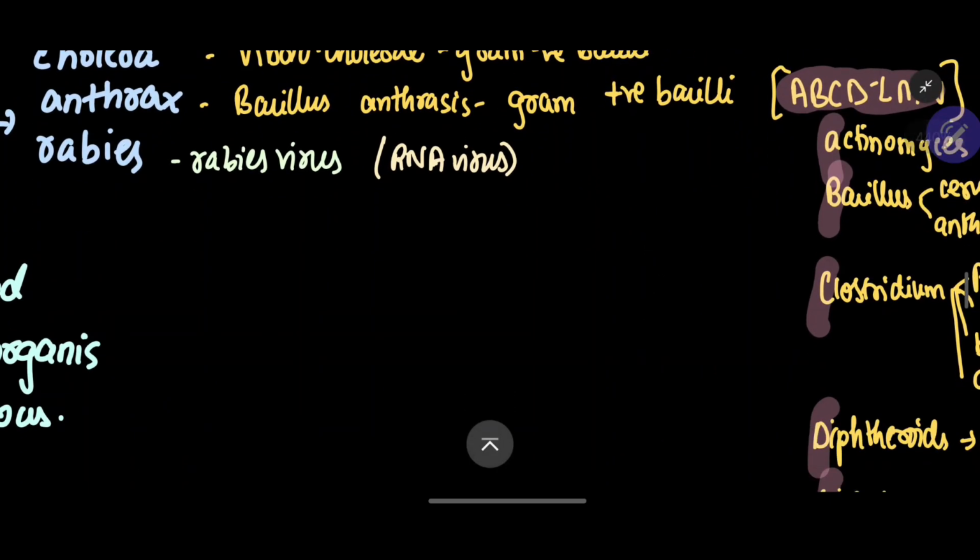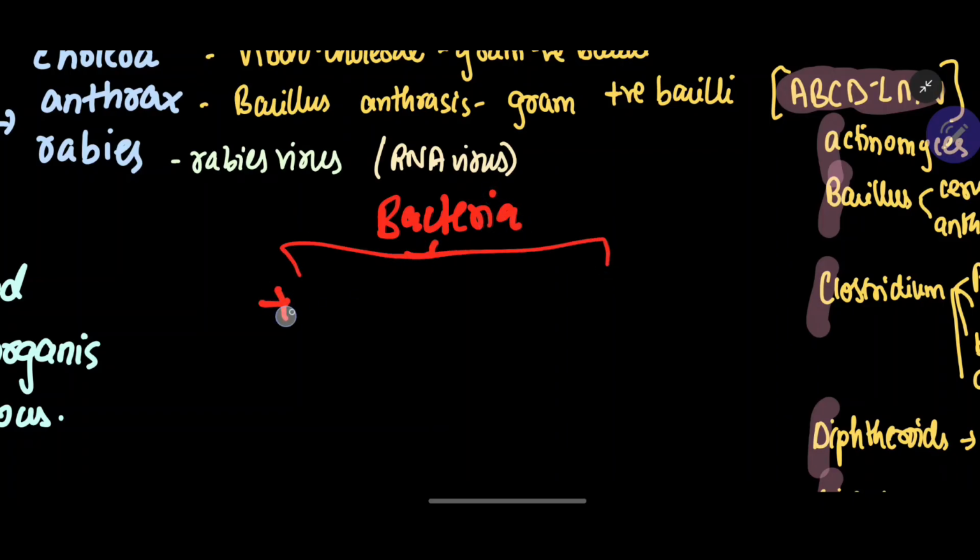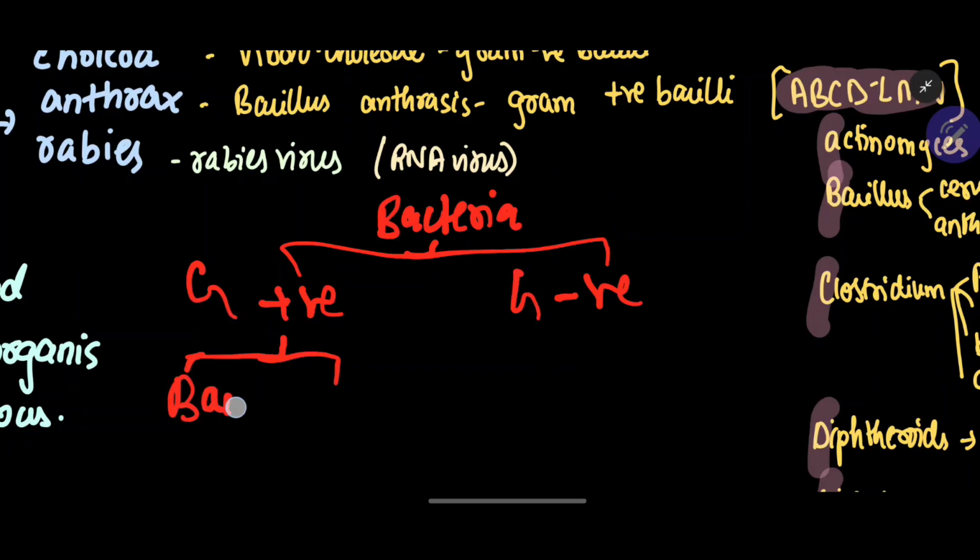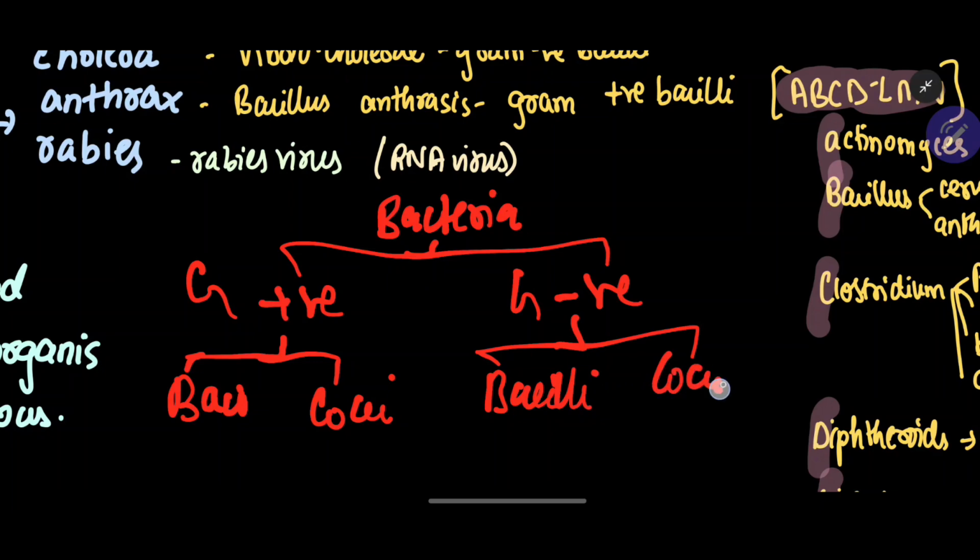When we are talking about bacteria, I'll talk about it in detail. But again, I just want you to know, I'll write it here, that bacteria are gram positive and gram negative, and these can be bacilli or cocci, and gram negative also can be bacilli or cocci.